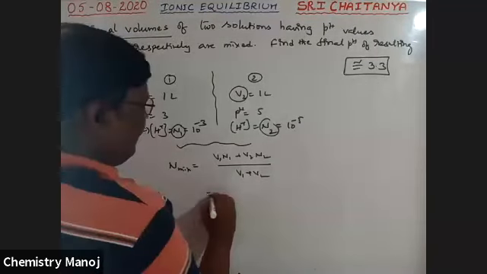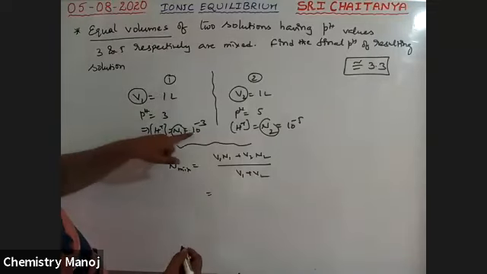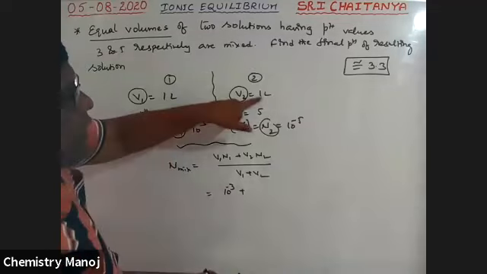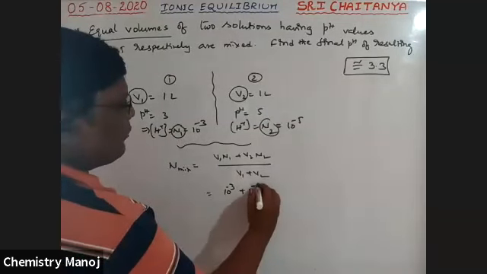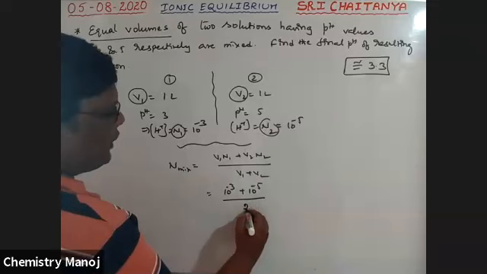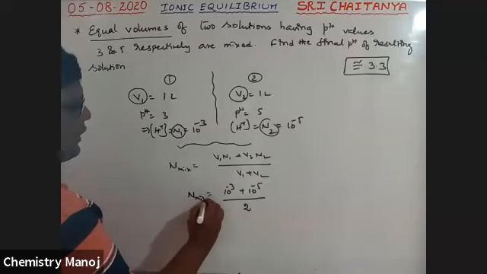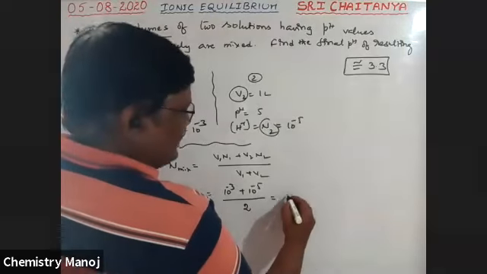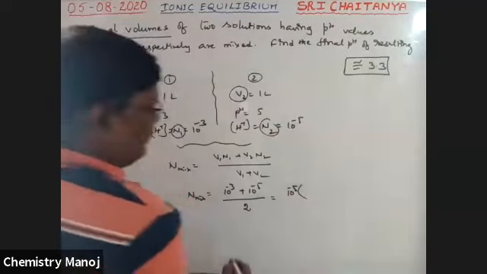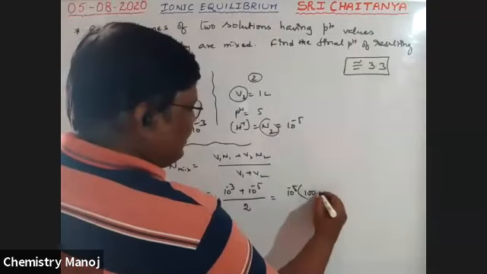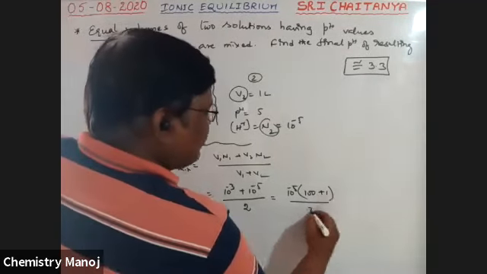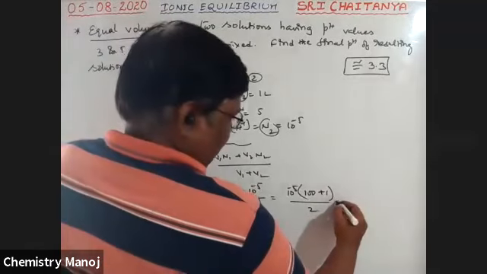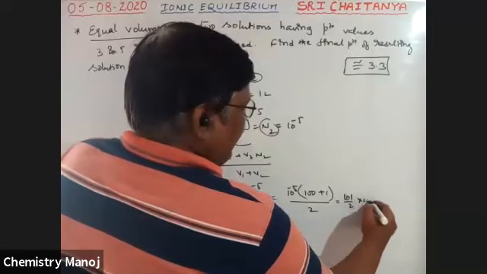That is 1 into 10 power minus 3, plus 1 into 10 power minus 5, by 2. It is the normality of the mixture. Taking 10 power minus 5 as common, it is (100 plus 1) by 2, which is 101 by 2 into 10 power minus 5.